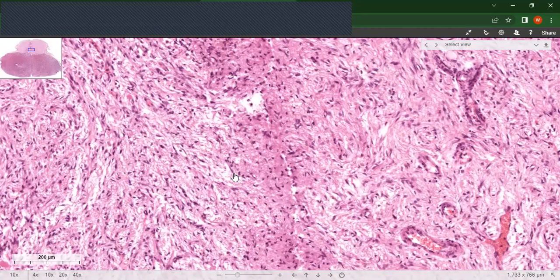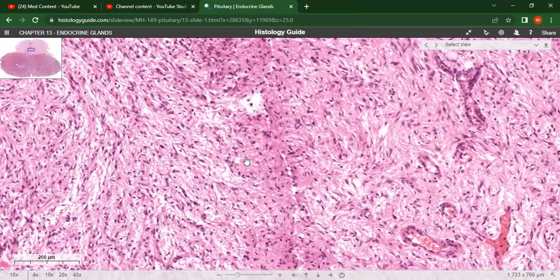These fibers are the axons of cell bodies which are usually located in the paraventricular and the supraoptic nuclei in the hypothalamus.